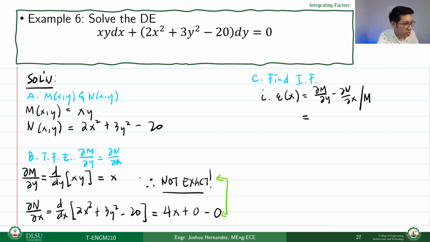Nakuha na natin si partial derivative of M and si partial derivative of N. So plug and play all over N. Sorry, this should be N, not M. Letter N. Yan. So, meron tayong x minus 4x all over, what is our N? 2x squared plus 3y squared minus 20.